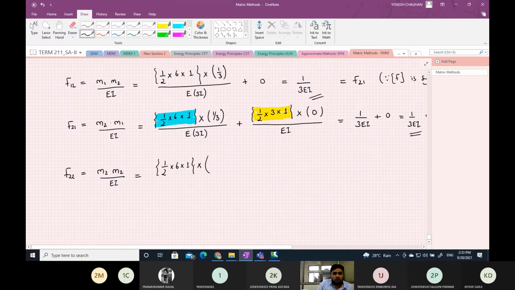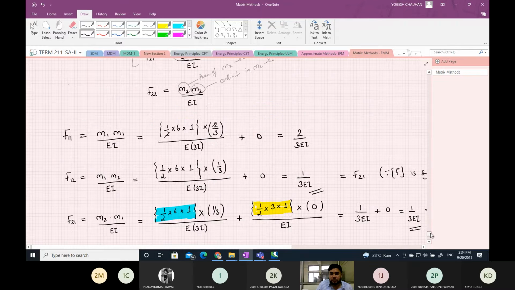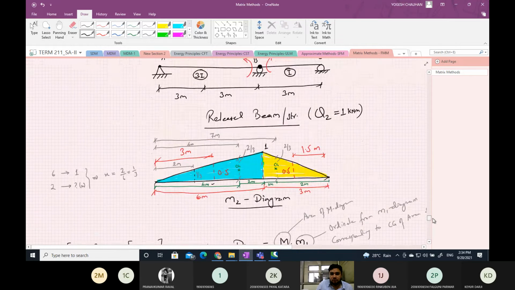So the corresponding ordinate in the M2 diagram will be 2 by 3 for this segment, divided by E into 3I, plus this part. It will be the same, 1 by 2, 3 into 1, multiplied by, now this time you have to take the ordinate of the M2 diagram only.